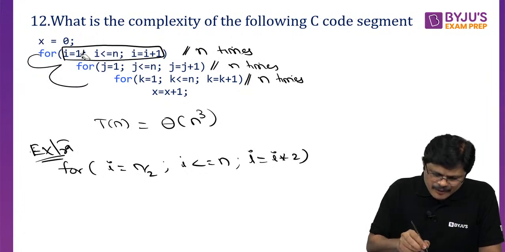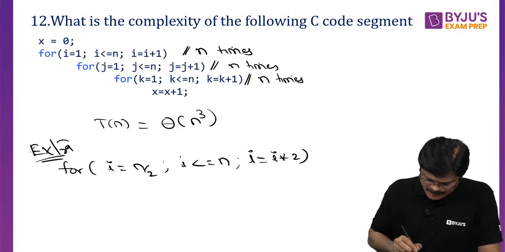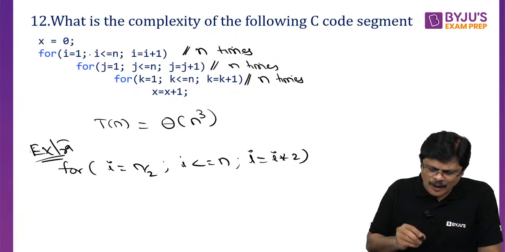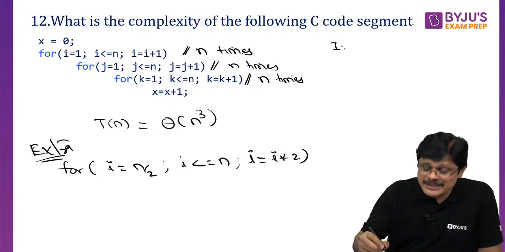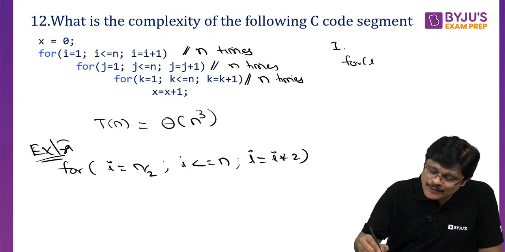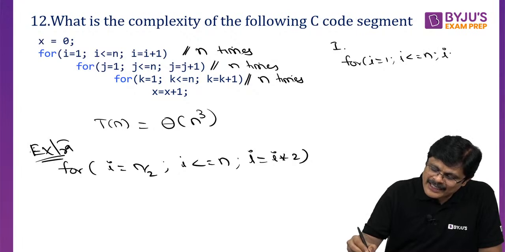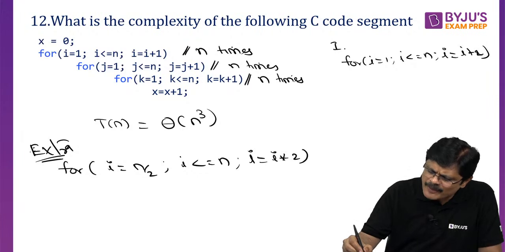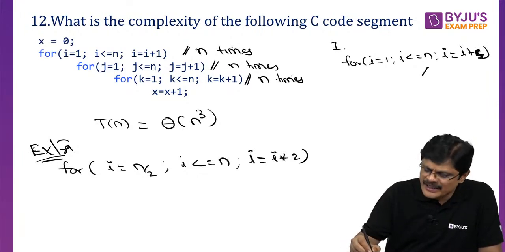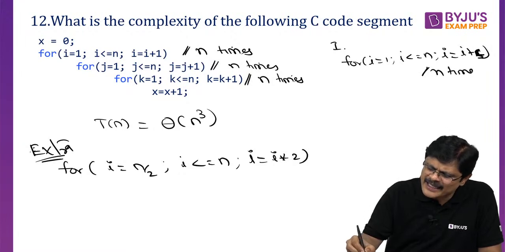Okay, I'll give time for the other people to solve this. Now look here. Kannababu, you need to take this rule which I discussed yesterday. For i equals 1, i less than or equal to n, i equals i plus 1. Whether you do i plus 1, i plus 2, i plus 3, or i plus any constant, this loop iterates n times.